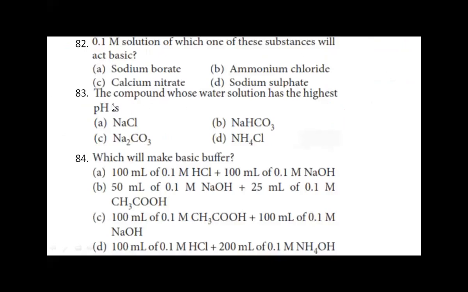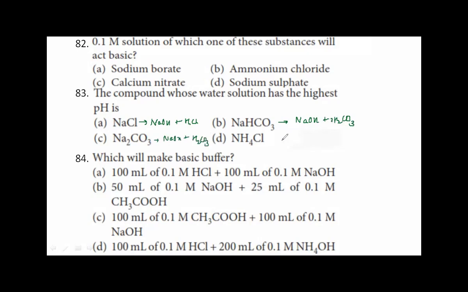Okay. The compound whose aqueous solution has the highest pH is? NaCl is a salt of NaOH and HCl. NaHCO3, sodium bicarbonate, is a salt of sodium hydroxide and H2CO3. Na2CO3 is a salt of NaOH and H2CO3.